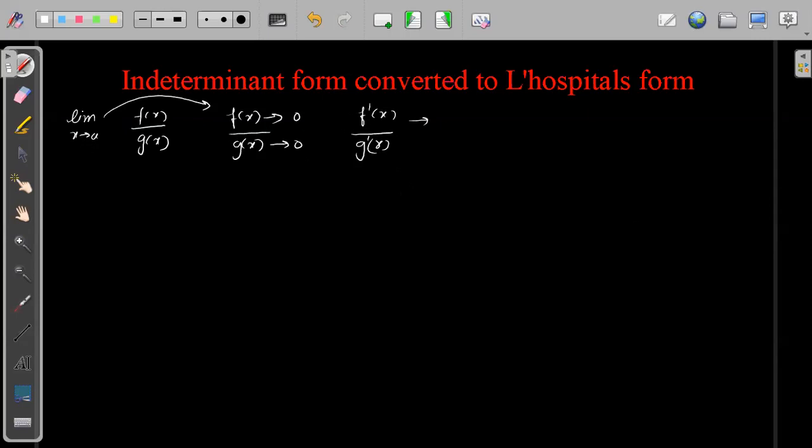So we can keep on differentiating till this gets rid of the indeterminate form. But then we saw the limitation of L'Hopital's rule, that limits of this form, suppose we have the 0 to the power 0 form, or 0 to the power infinity form, or 1 to the power infinity form, are not directly in the form for L'Hopital's rule, right?